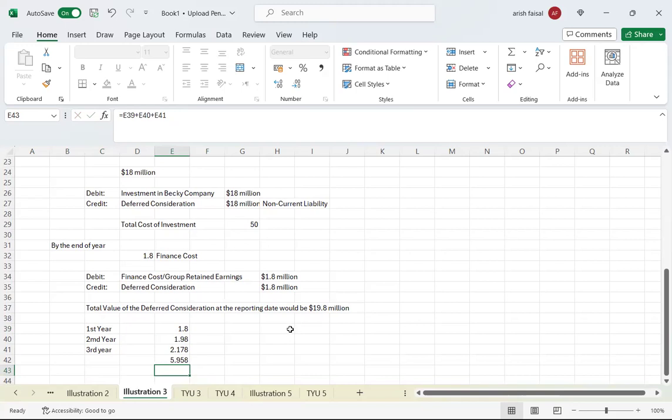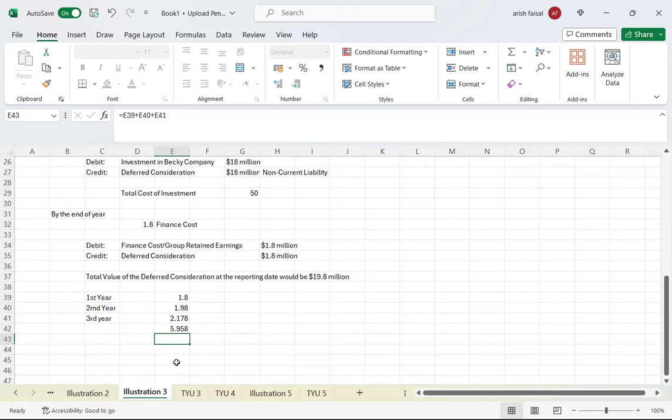Okay, and that's the unwinding of discount, because there was a liability of 24 million which we recorded at 18 million, so we discounted it by 6 million, and that 6 million has been charged over a period of 3 years, not in an equal way, but in the first year it was 1.8 because the liability was less, then it was 1.98, and then finally it was 2.178, or you can just simply round it up to 2.18 also.